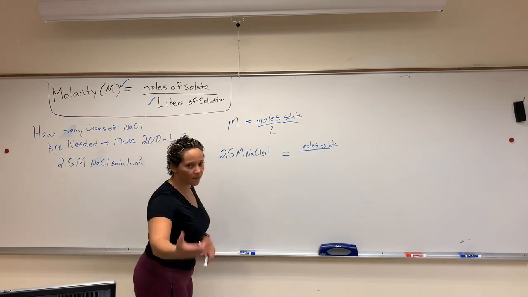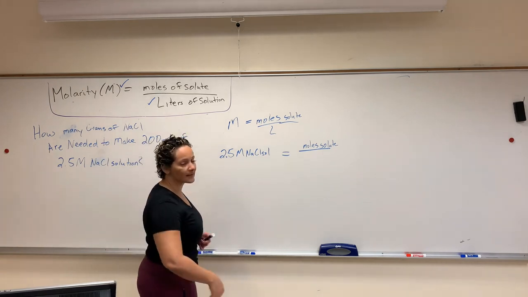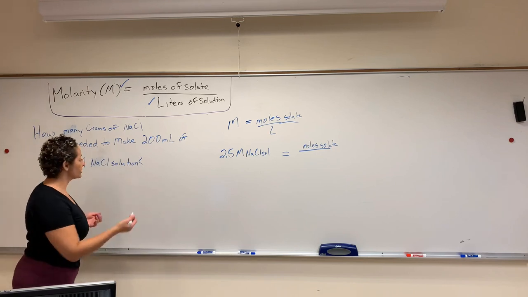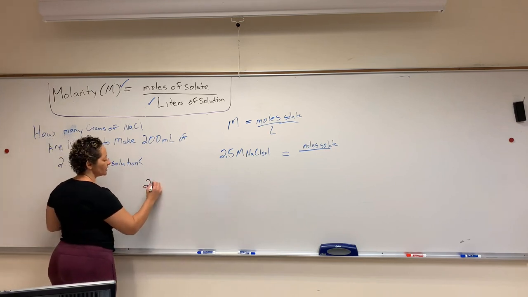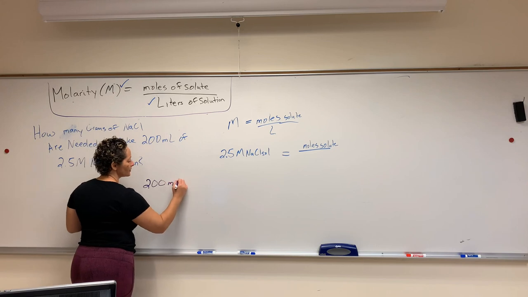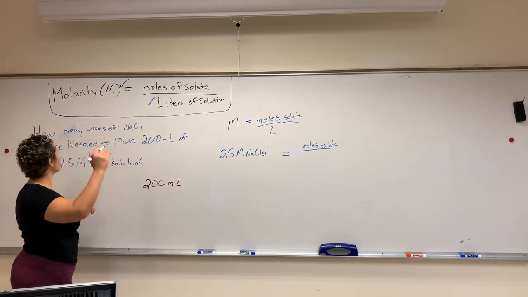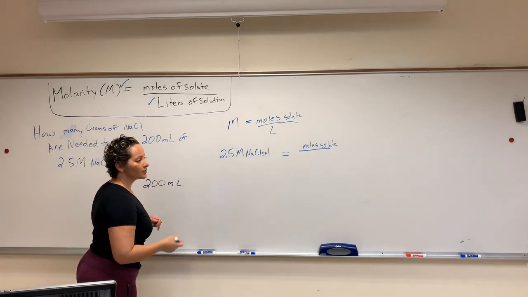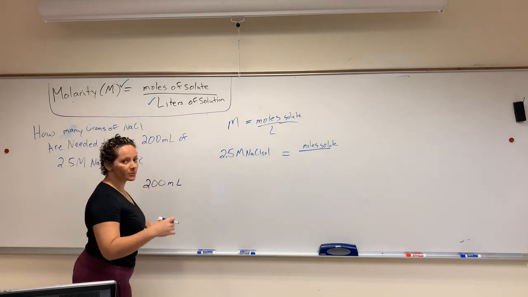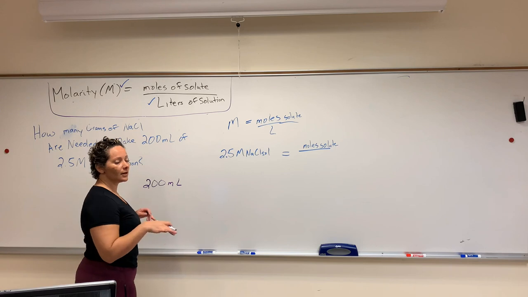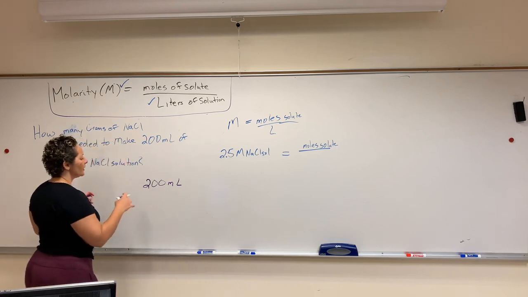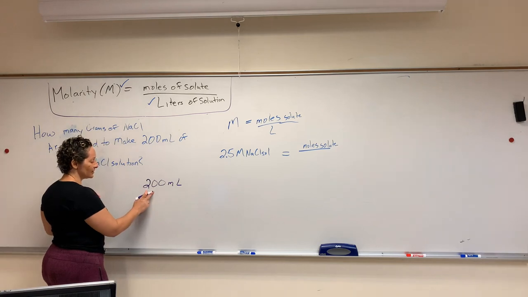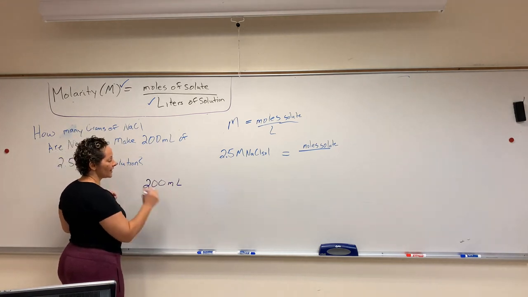If you're confident to just do it like that at this point, that's fine. But I'm still going to teach you how to do it. So 200 milliliters. For all of our conversion factors, I had given you a list before of how many milliliters per liter, how many centimeters per liter. So I need to convert 200 milliliters into liters.